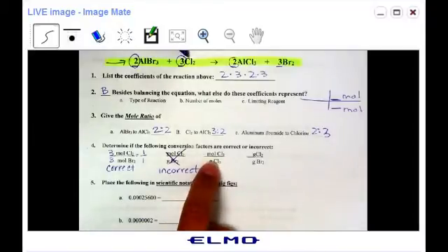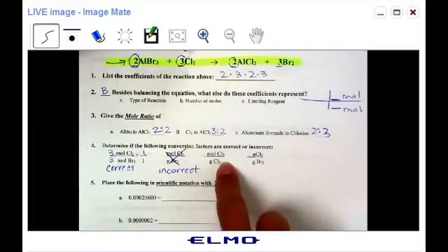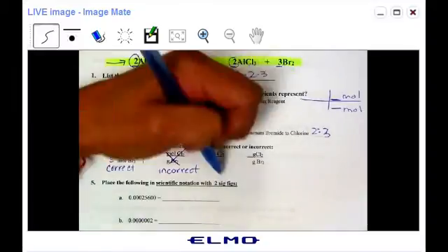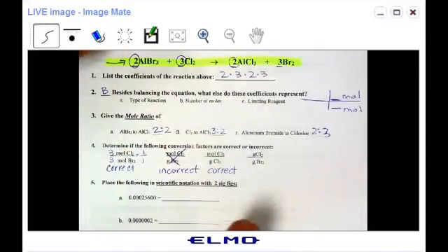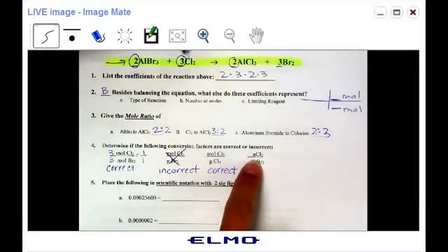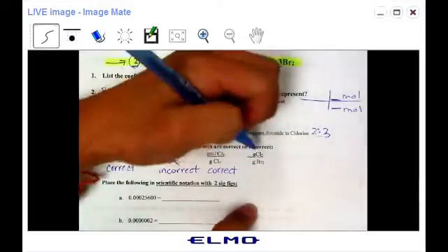Is a mole of Cl2 equal to a gram of Cl2? Yes, because it is the same element. The last one: are grams of Cl2 equal to grams of Br2? No.